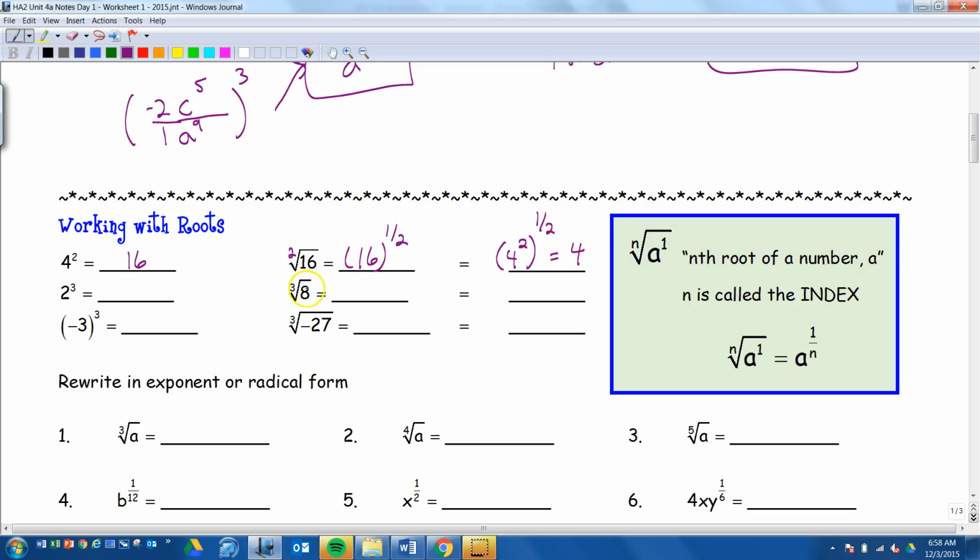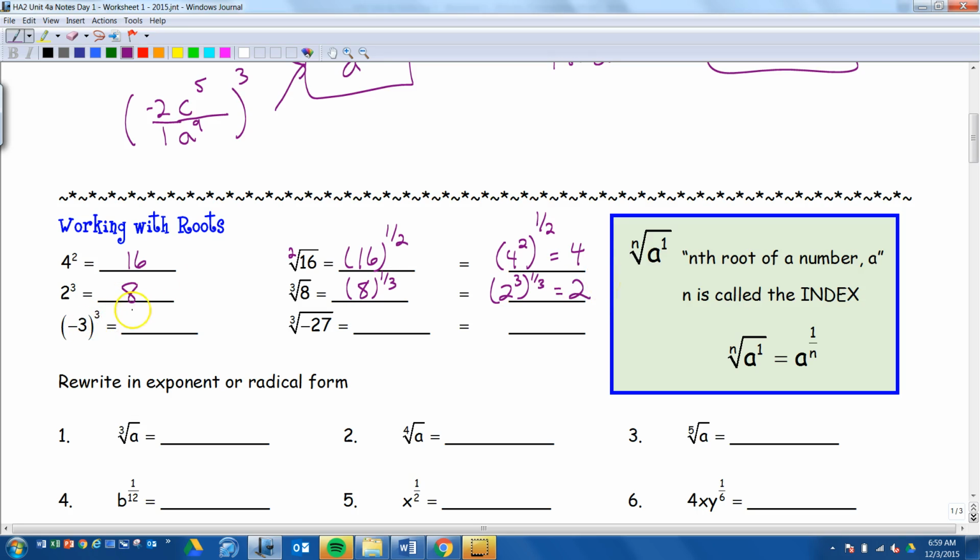Okay? For this problem, n is 3, so I want the third root, or we're raising 8 to the third power, because 2 to the 3rd is 8. So if we go backwards, if I raise 8 to the 1/3, again, we can turn 8 into 2 cubed to the 1/3, and sure enough, 3 times 1/3 is 1, so we just get a 2.